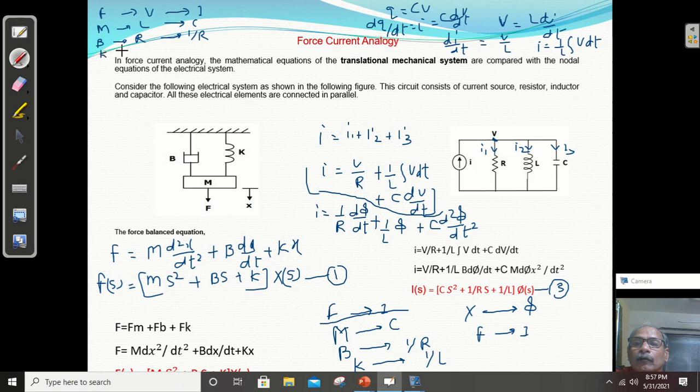K was replaced by 1 by C, and that will be replaced by 1 by L. So you are getting this.